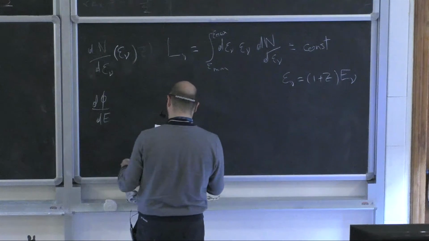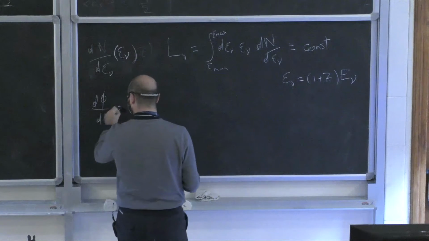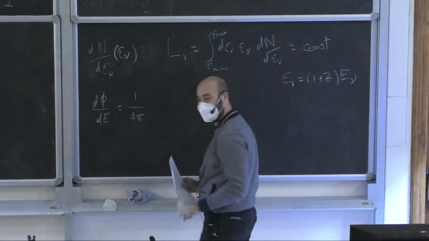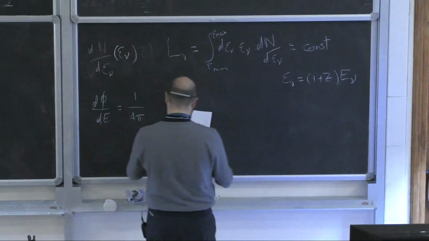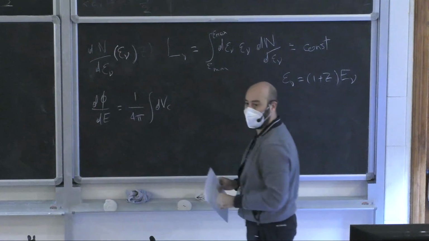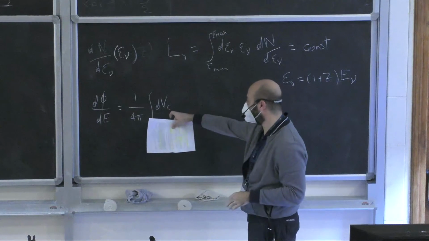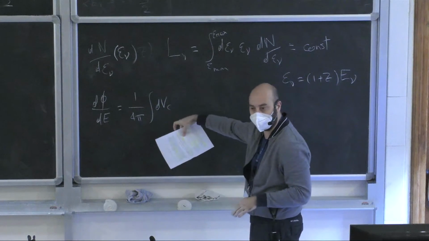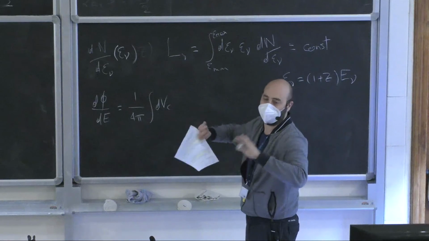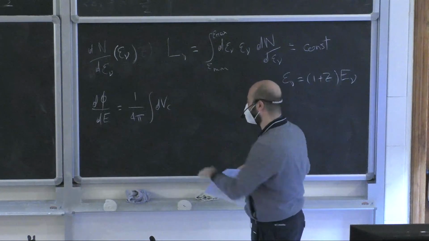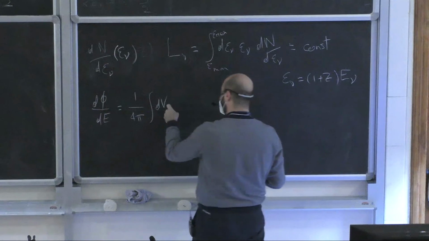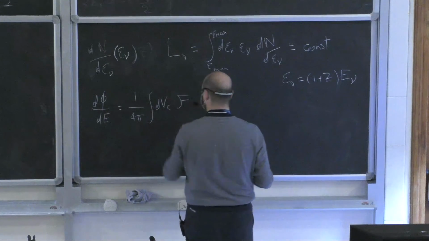Now the differential flux of neutrinos can be computed. This is per unit solid angle, so I put a 1 over 4 pi. I have to integrate over the whole volume, with the density of these sources. I put a little c because I'm working in comoving units. If you know cosmology, you know what I'm talking about. If not, consider the classical case: this is just the volume. The density of sources per comoving volume, I denote with a curly f.